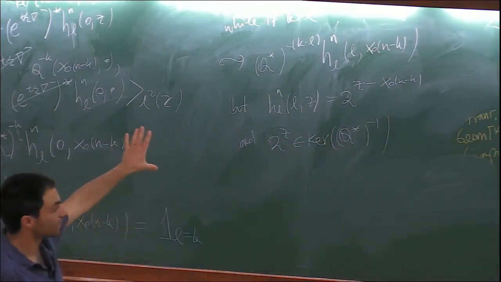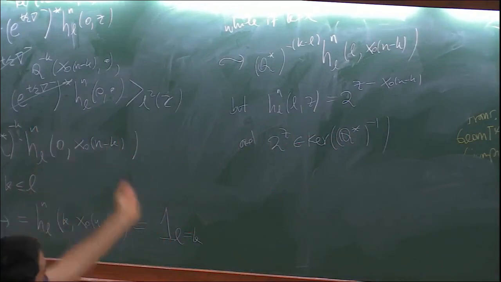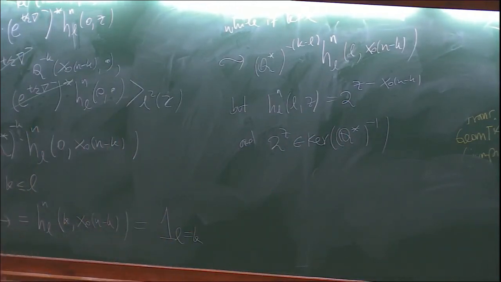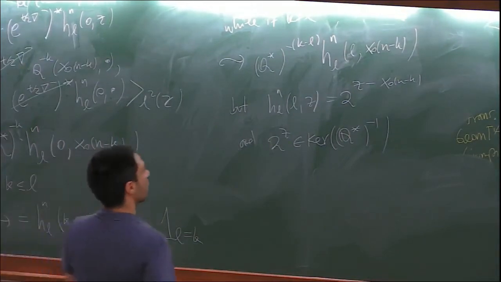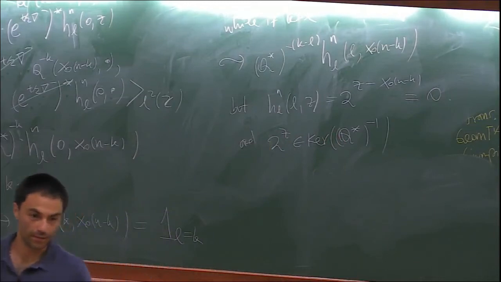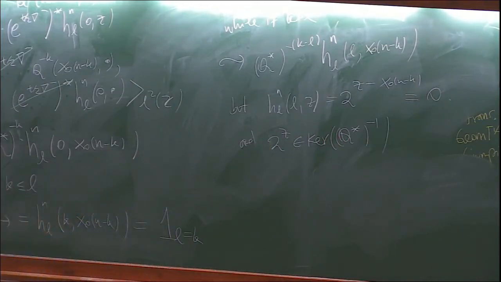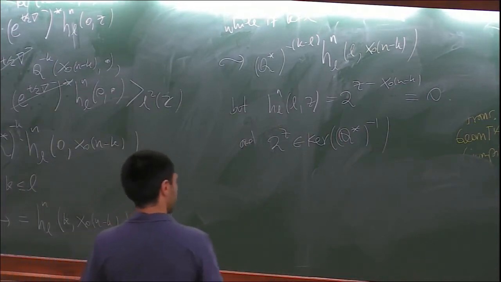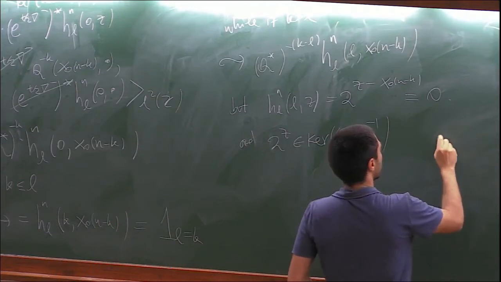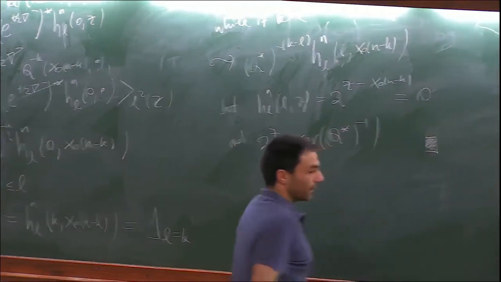I already erased the definition, but it's completely clear. You have 1s here, 2s there, one with a plus, the other one with a minus, so you just get it straight away. So that's 0 if L is less than k. And that's essentially the end of the story. End of the proof, not of the whole story. So if L is less than k, then again you get that this is 0.